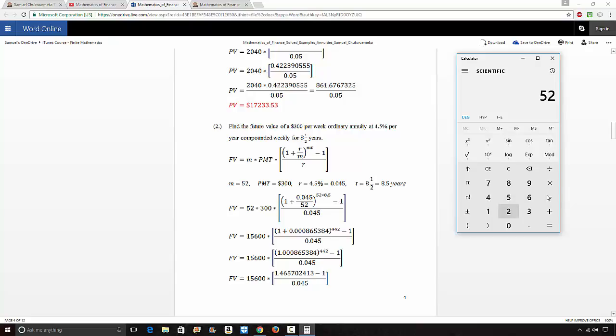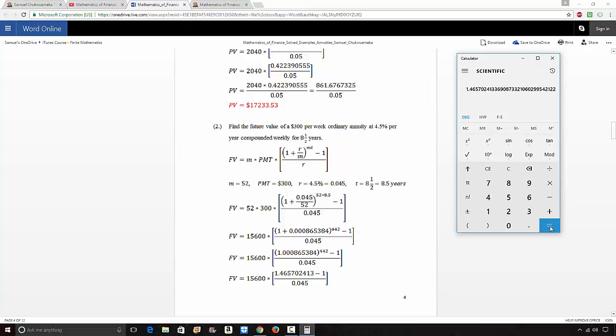So I will do 52 times 8.5 equal to, I will save this in the memory, 442. Then I'm going to do 0.045 divided by 52 equal to, then I'll do plus 1 equal to, and then I'll raise this to exponent, recall memory, 442 equal to.